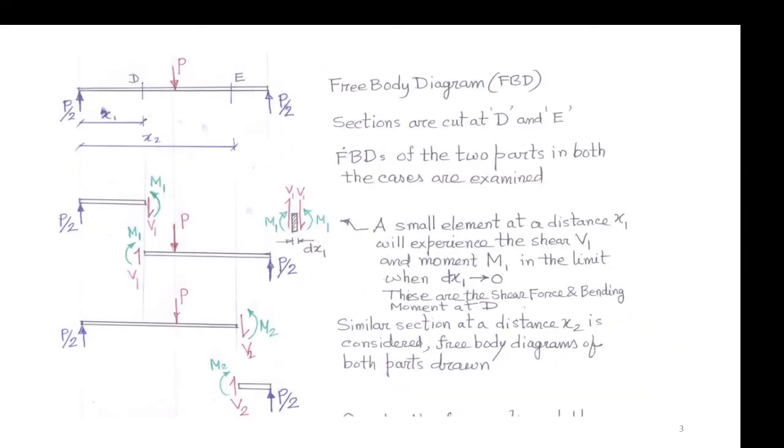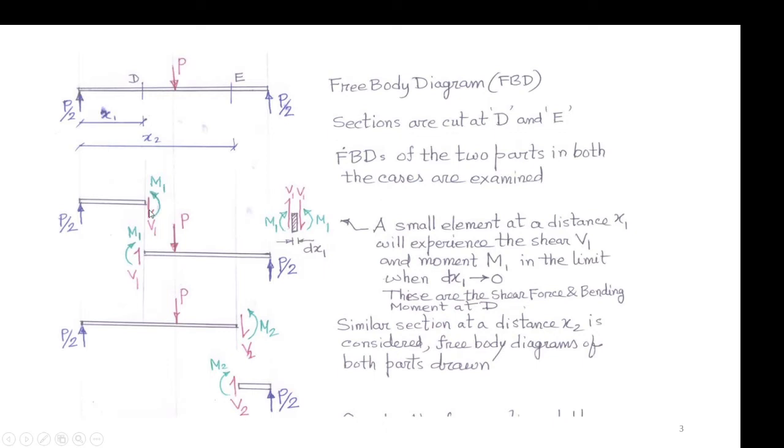So how do we find the shear forces and bending moment at sections? Let us consider a section at a distance x1 from the left end, section D. At section D, I separate the beam into two parts. On this part, the reactive force P by 2 is working, and at the cross section, as per our sign convention, I am considering the right part of the section.